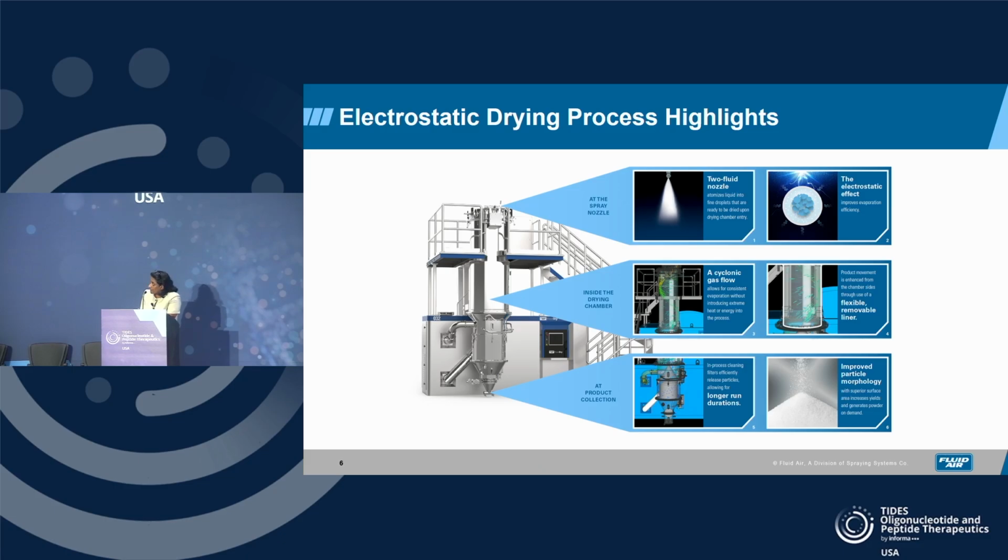The powder now falls into the collection cone and the collection jars, or whichever mechanism you're trying to collect. And the wet gas is now passed through a dehumidification unit, then gas heaters, and recirculated back into the drying chamber.